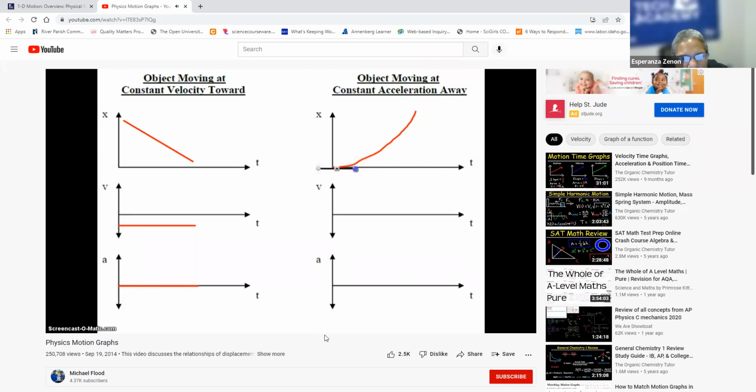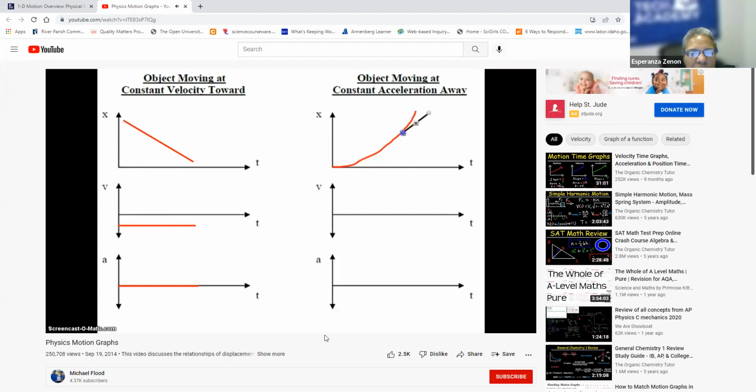A tangent line is a line that touches the curve only in one spot. You can see that at this particular spot, the slope of this tangent line would be 0. So this object had started from rest. However, when we go here and draw our tangent line, now we have a positive slope for that tangent line. What does that mean? Positive velocity means the object has gotten faster.